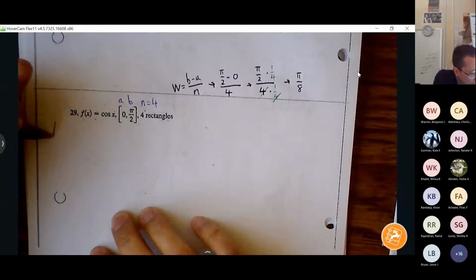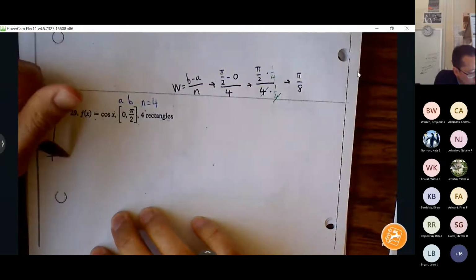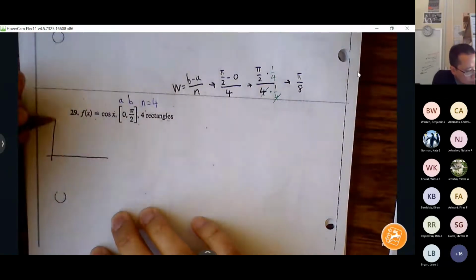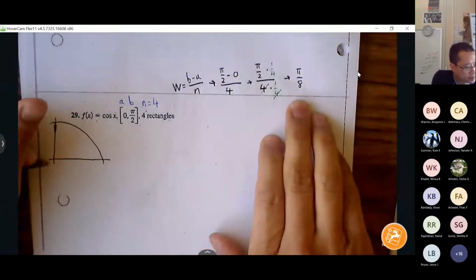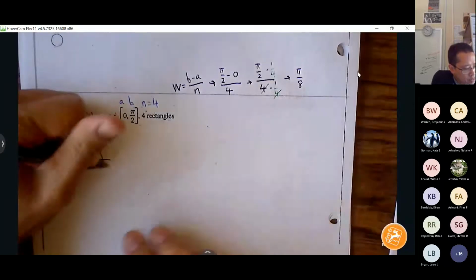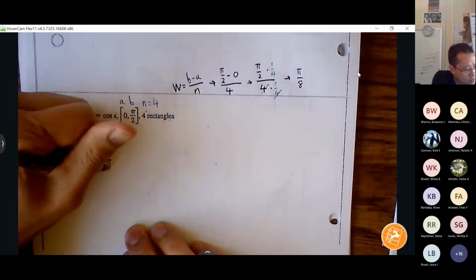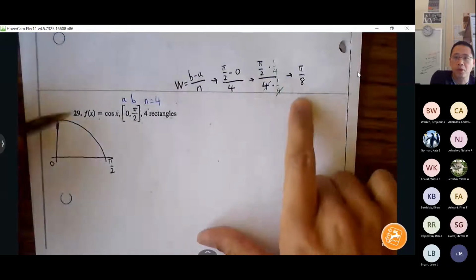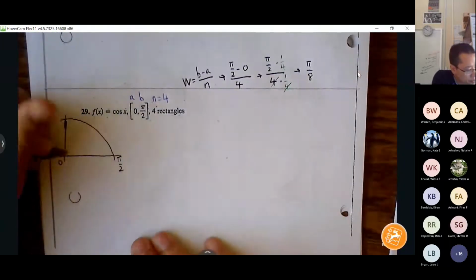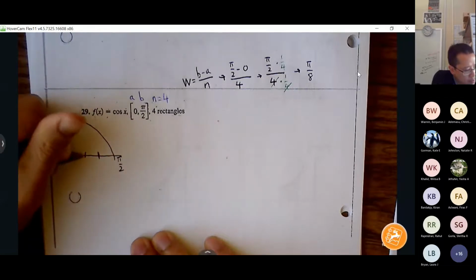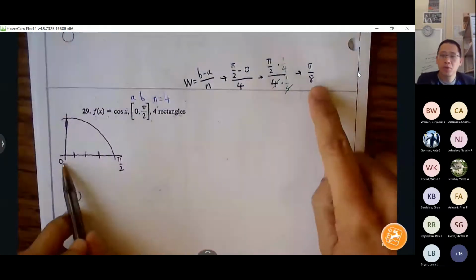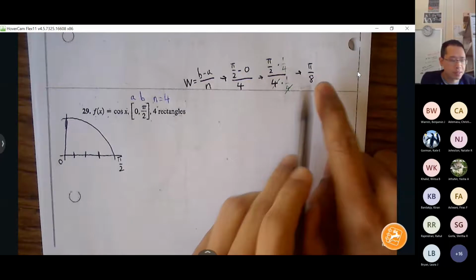Let me draw what the graph looks like a little bit here. Cosine starts at 1 and it's going to slope downwards. We're starting at 0 and we're ending at pi over 2. We're going to create 4 subintervals here with 4 rectangles. And for each subinterval, we're going to add a width of pi over 8.